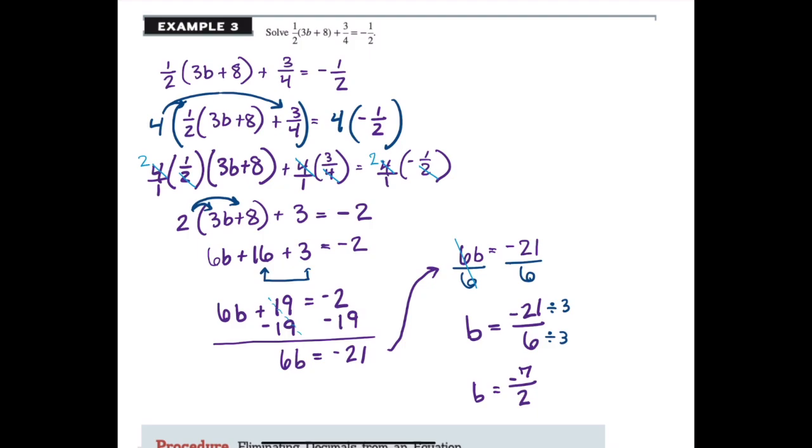And then I can ask myself, can that be reduced more? In this case, it cannot. So that will be my solution. All right, so that was a method of clearing out my fractions by multiplying by the least common denominator. So that was our strategy.